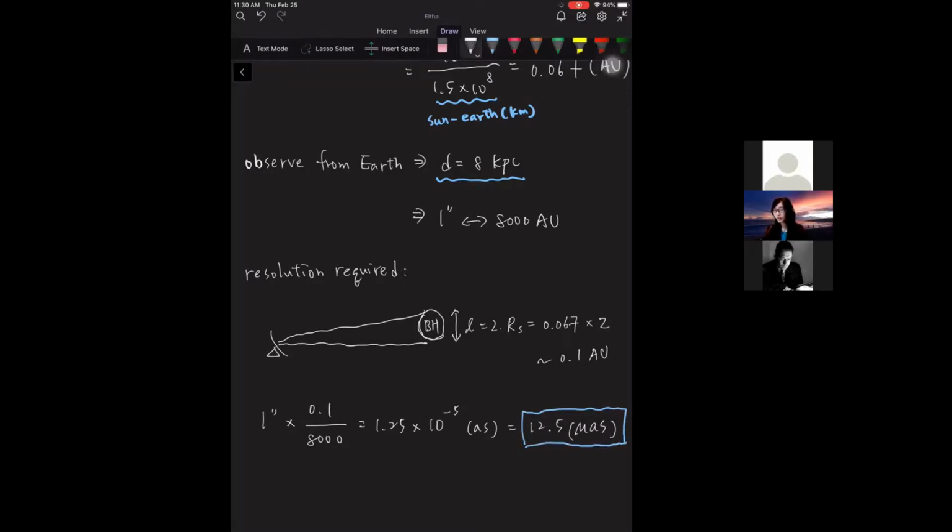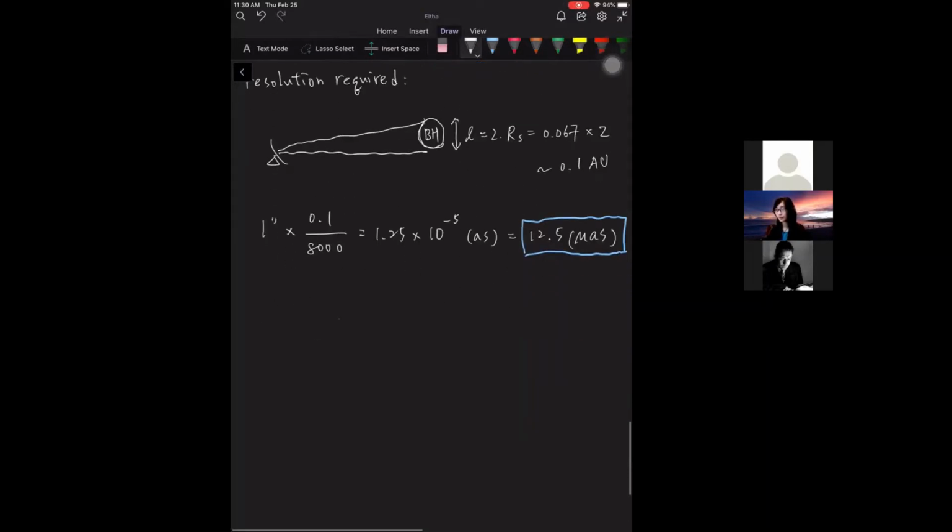And as I mentioned, the black hole is observed by the Event Horizon Telescope, right? So let's determine the resolution of the Event Horizon Telescope to see if it's enough to resolve this object. It's called EHT.